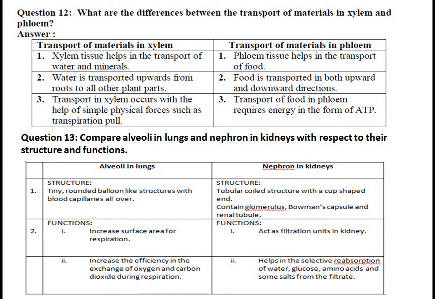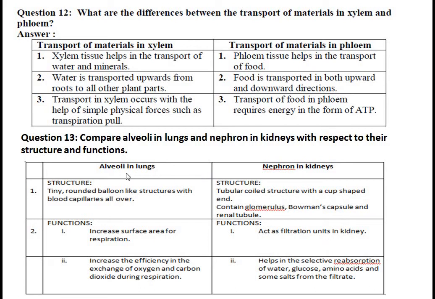Okay, respiratory unit. They are respiratory units in lungs. They are the site of gaseous exchange. Nephrons act as filtration unit in kidney. Okay. So these are the question answers given.